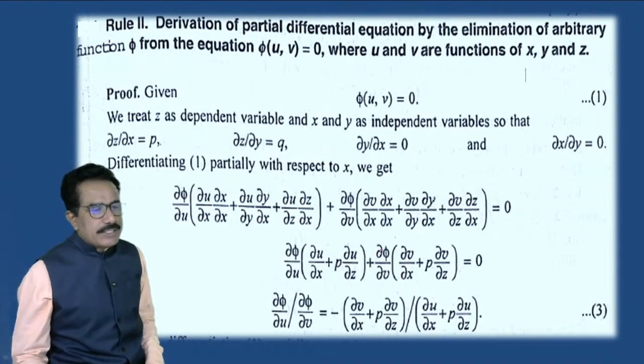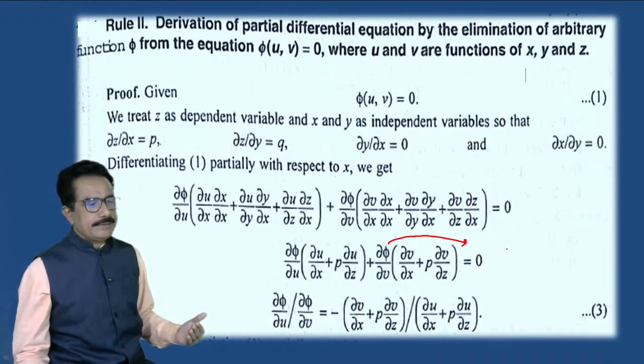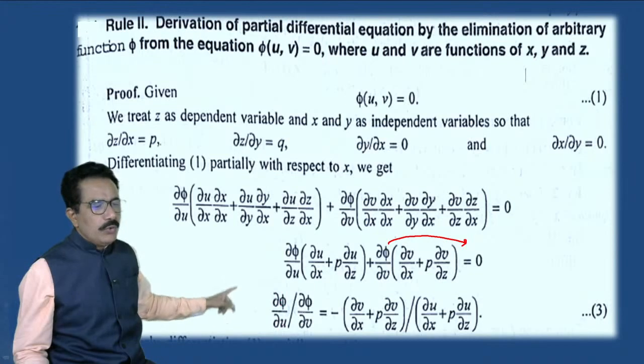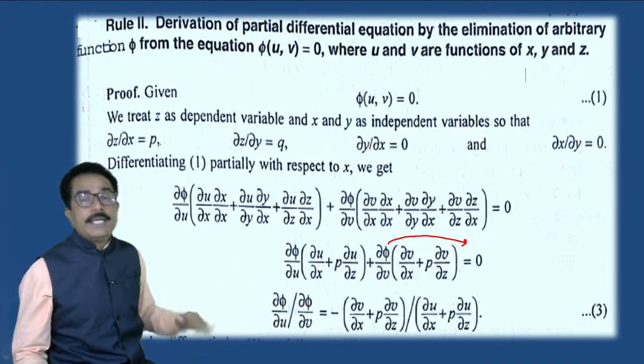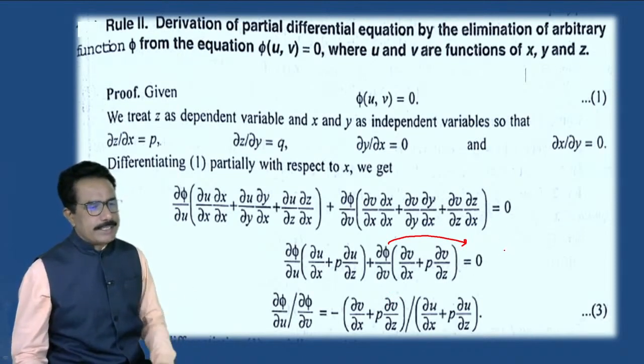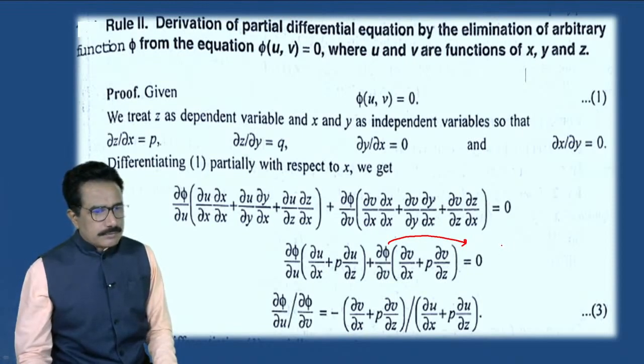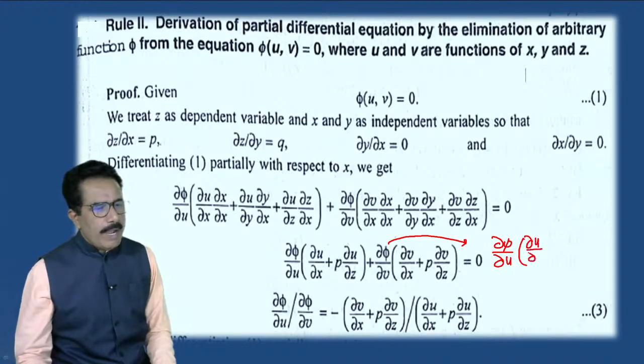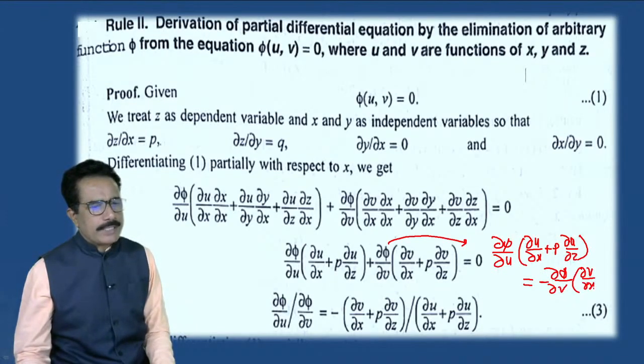Now transfer this term on the right side, so we will get ∂φ/∂u upon ∂φ/∂v. Bring it in division form. It will be: ∂φ/∂u into (∂u/∂x + p ∂u/∂z) equals minus ∂φ/∂v into (∂v/∂x + p ∂v/∂z).